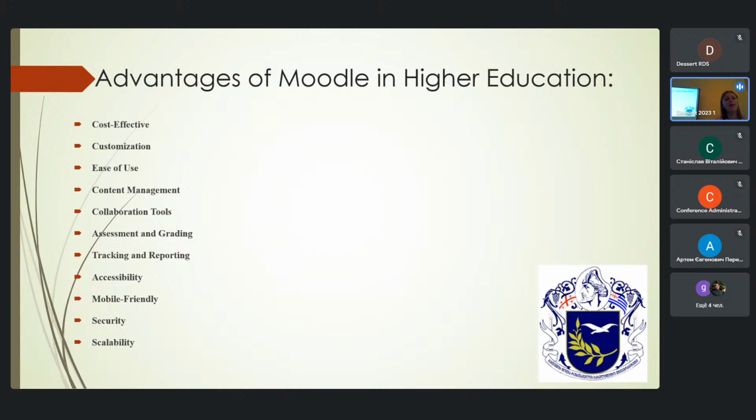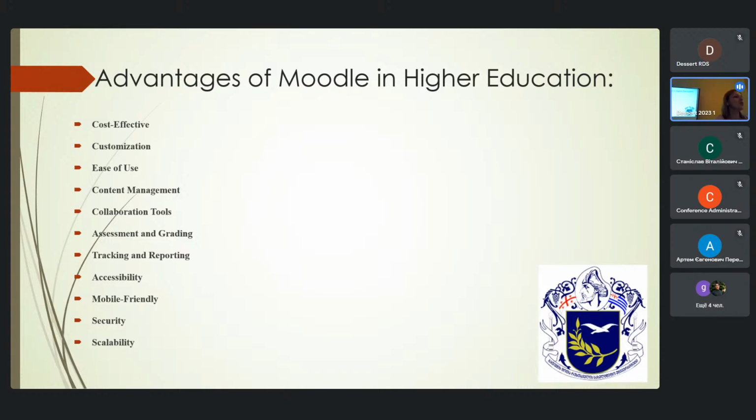So, what is the advantage of Moodle, especially for countries like Georgia? It's first of all cost-effective. It is open source, and it allows institutions to save money on licensing fees, making it a more budget-friendly option. Customization, because it allows institutions to tailor it to their specific needs. Easy to use, that is very important for students and educators as well.